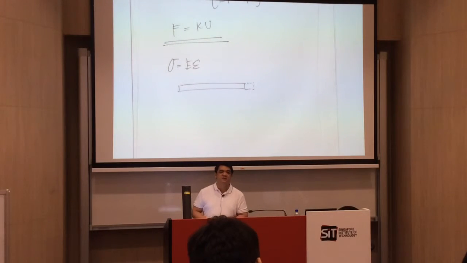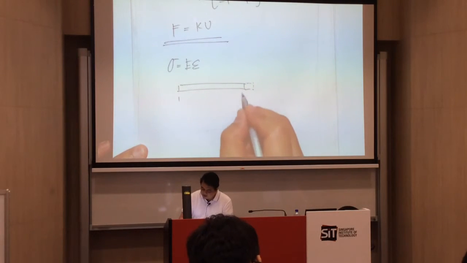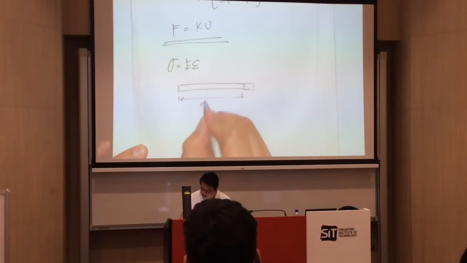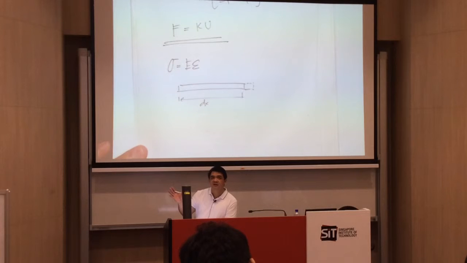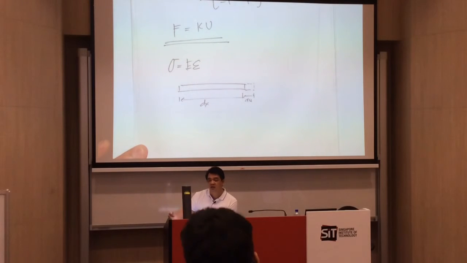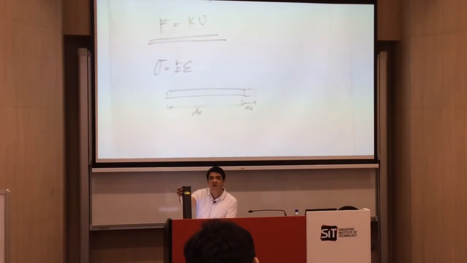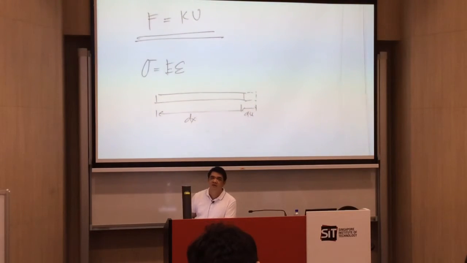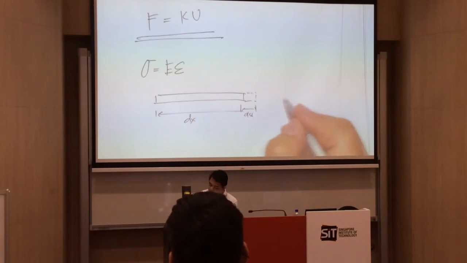Yes? So that will be, say, dx, an infinitesimal length. There will be an infinitesimal displacement if we apply a force and stretch it. So what will be your strain?